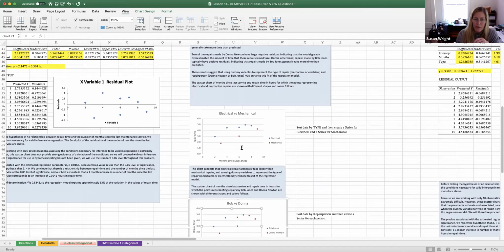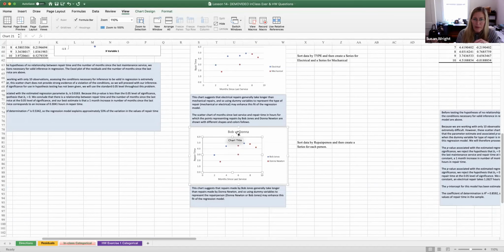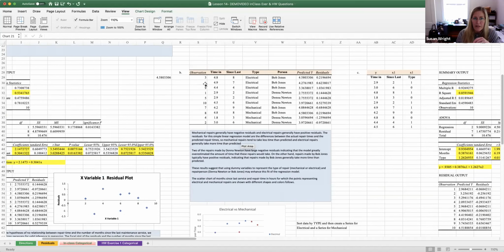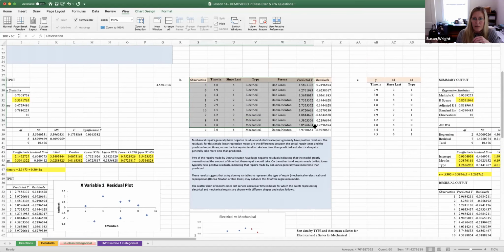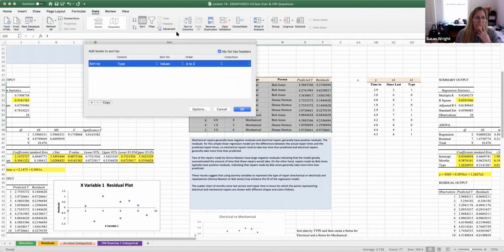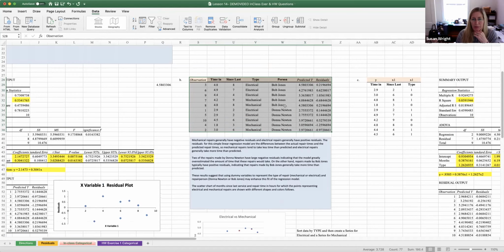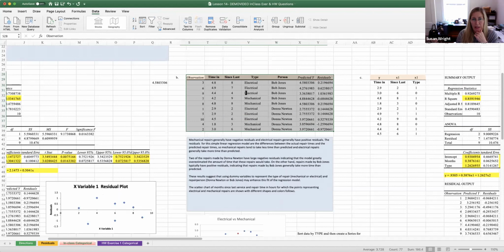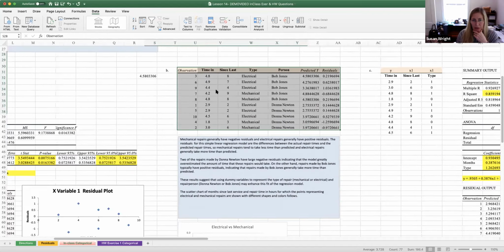If you want to do this graph by person, Bob versus Donna, you got to take your data, take all this data and resort it by person. Okay, so now I've got all the Bob together and all the Donna together. So when you go to do a scatter plot, you're going to pick up Bob as one of those series.